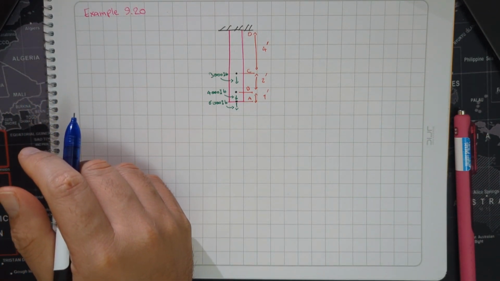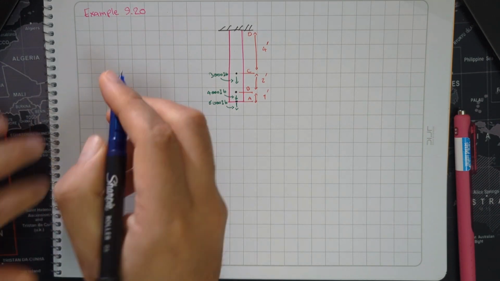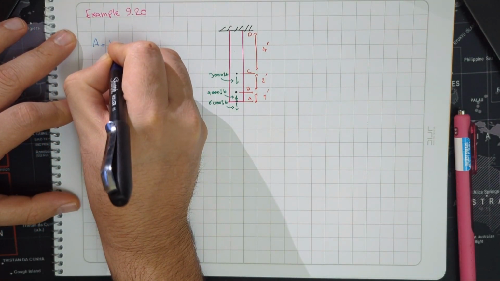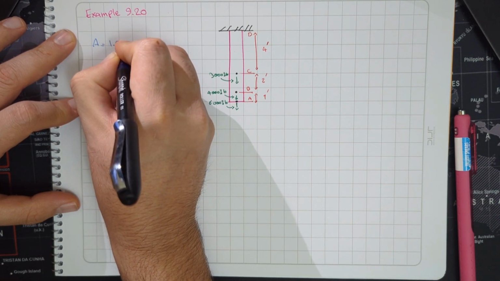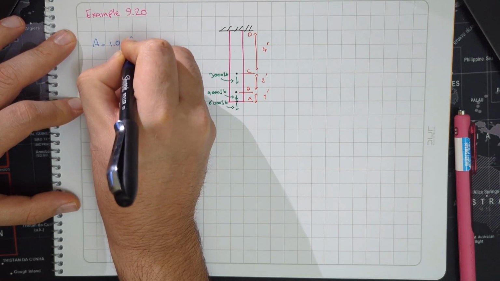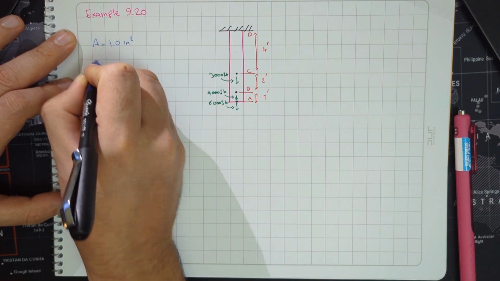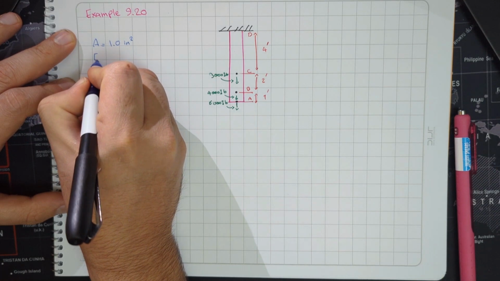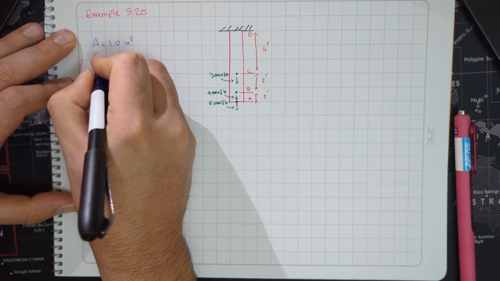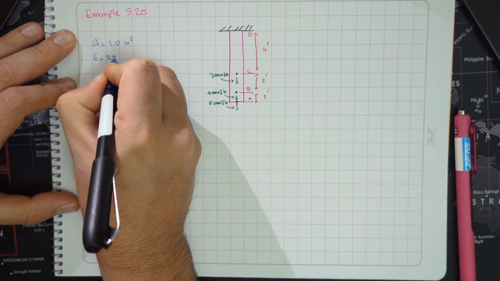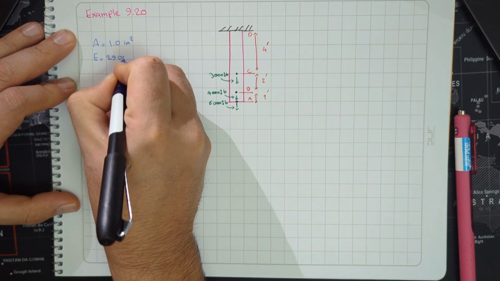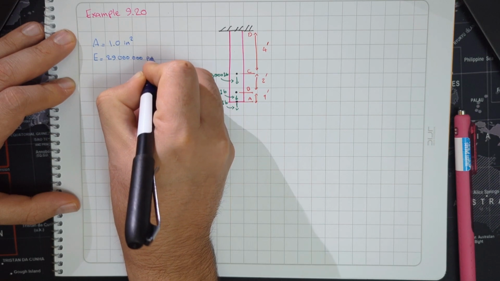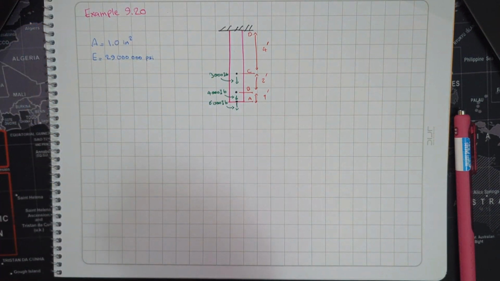So what do we have? We have A, which is 1.0 square inch. We have different L's. We have a modulus of elasticity of 29 million psi. So what do we have to do?